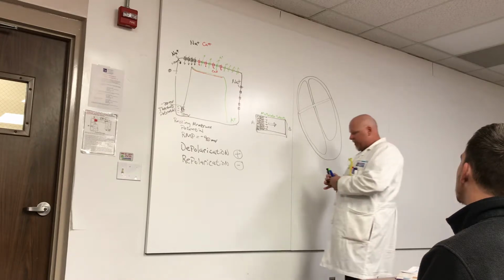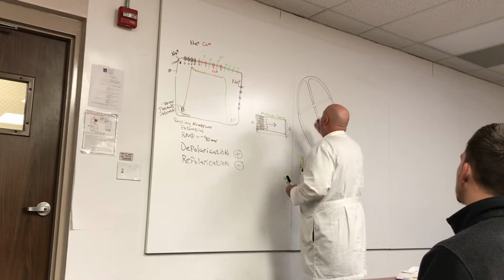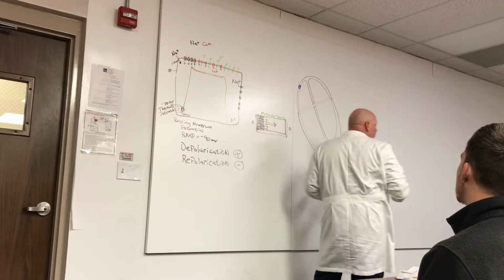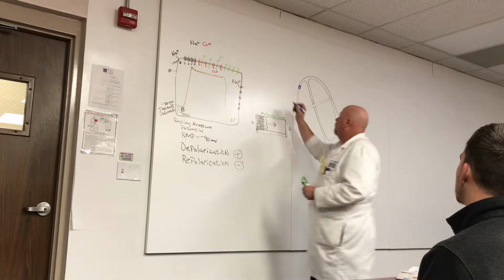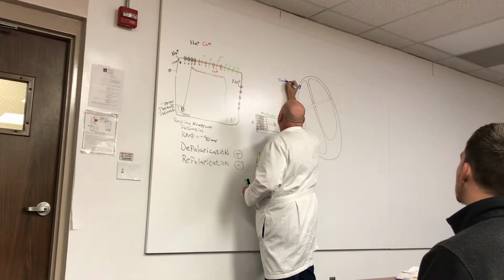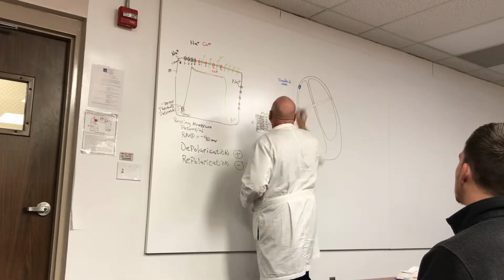The initial thing, remember we said before, where's the SA node? Okay, so we have the SA node, which is also called the what? SA is the sinoatrial node, okay? Sinoatrial node. Okay?